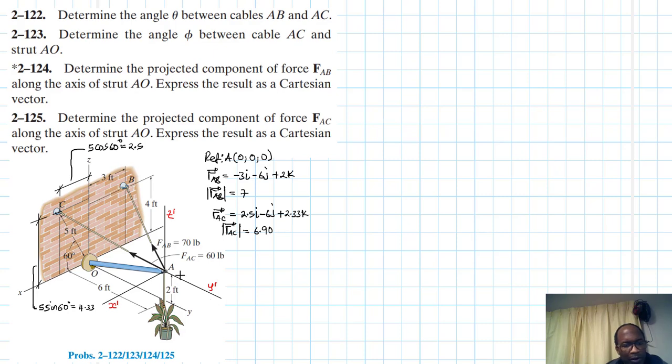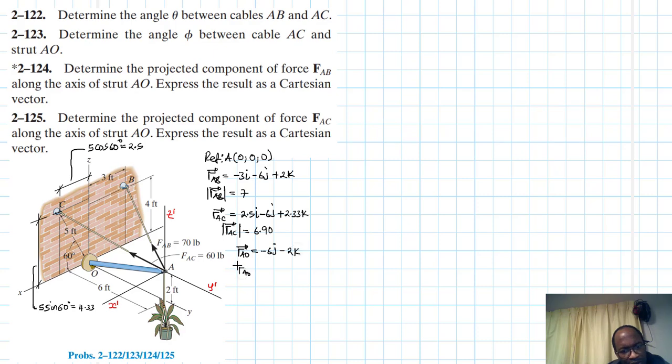Then we have the last but not the least, RAO, also equal to just RO. In the X there is nothing, in the Y it's -6j, and then in the Z it's -2k.